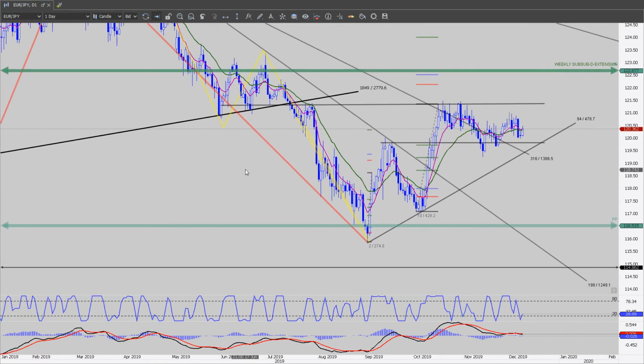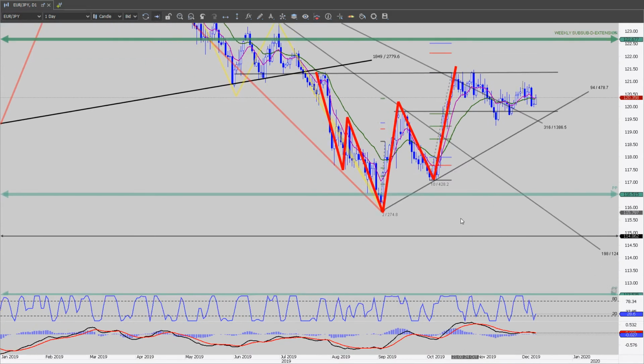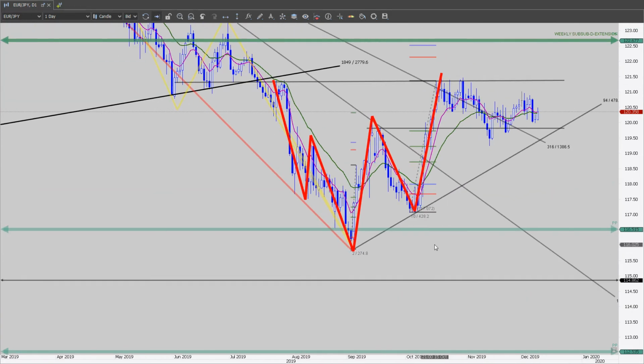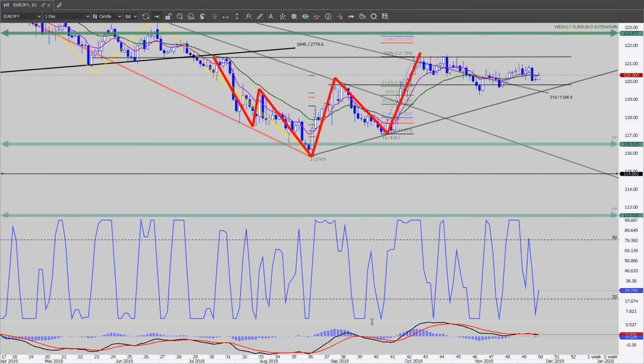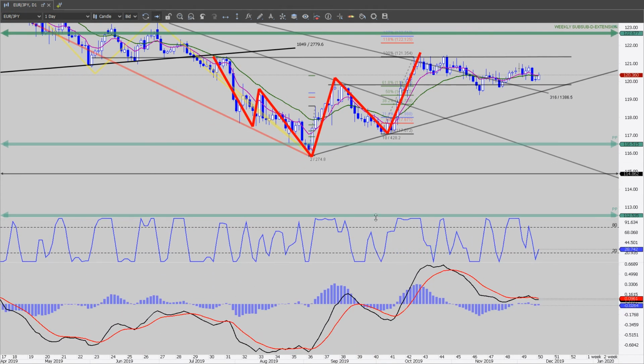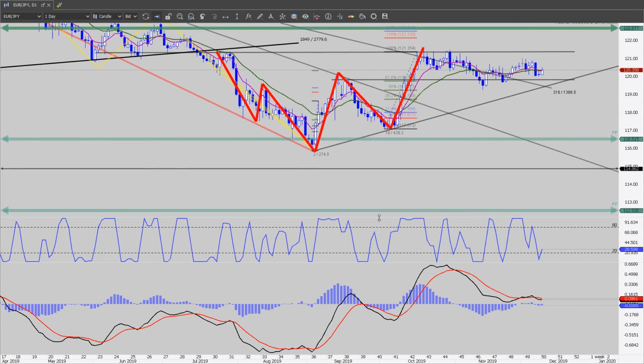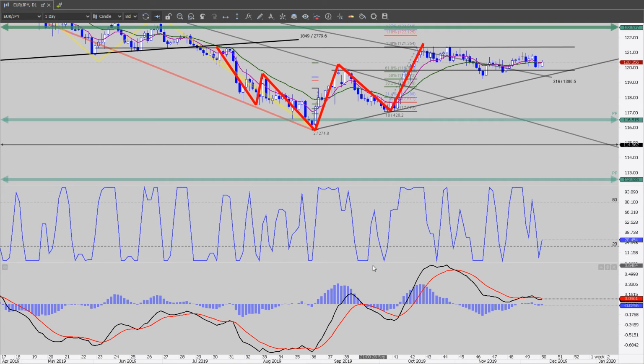Higher highs, higher lows. So we have a small crown. Left tip, center tip, right tip, crown, right? What about the indicators? I want to see the stochastic and I want to see, so this is the stochastic, this is the MACD, right?